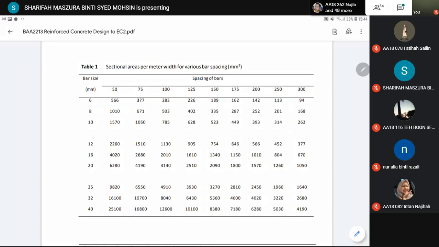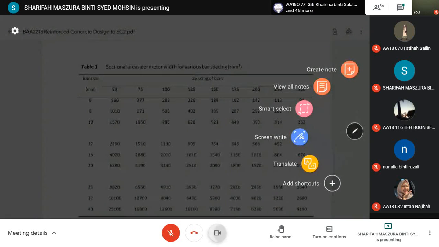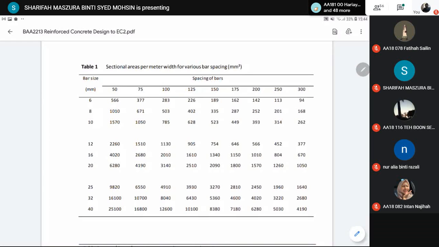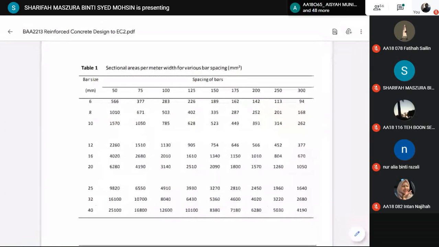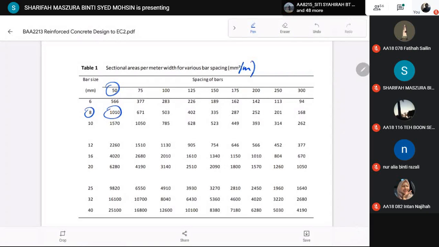So based on the table here, we can provide H850, which area of steel provided is 1010 millimeter square per meter.